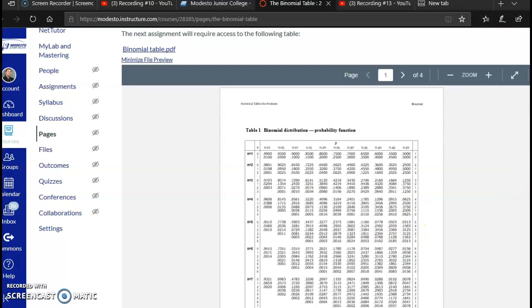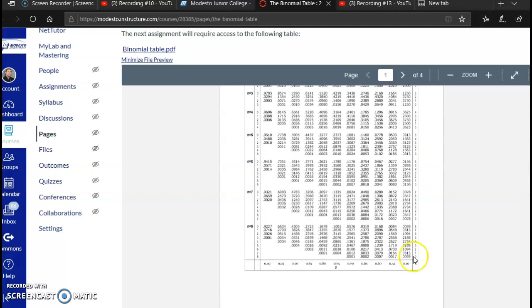So you're looking at what's the value of n, what's the value of the probability, because you may be looking at your x's here or your x's there if the probability happens to be greater than or equal to 0.50, all the way to almost 1.